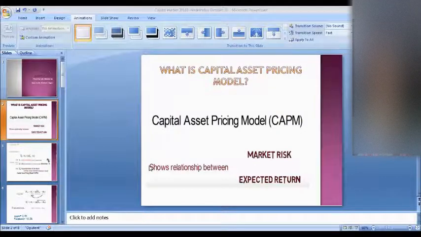Meaning, ano ba yung existing na risk sa market na papasukin natin, and with regards to the expected return, ano yung inaasahan natin na makukuha yield out of our investment. So that's basically the definition of the capital asset pricing model.